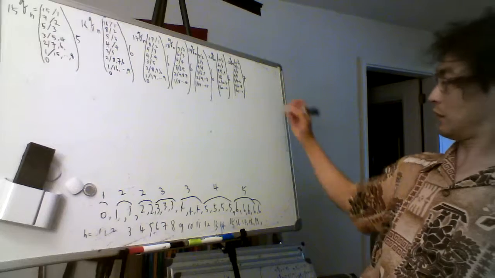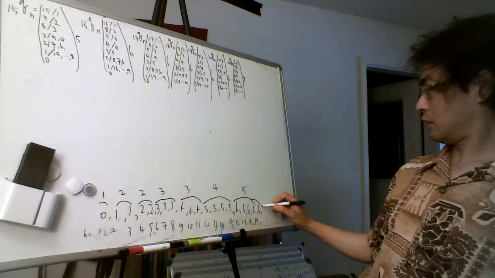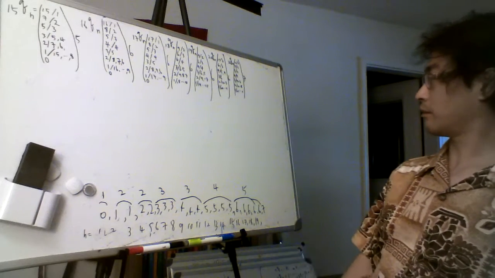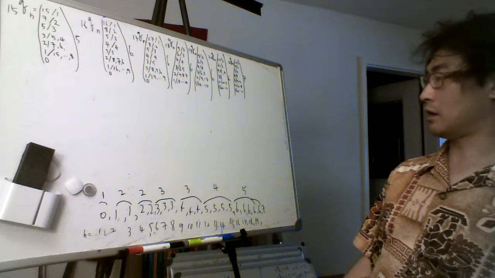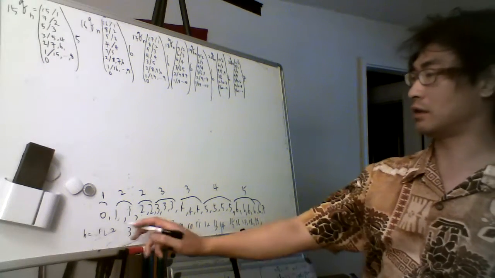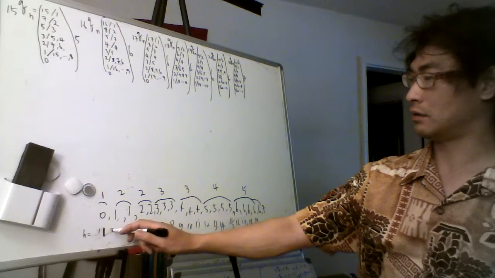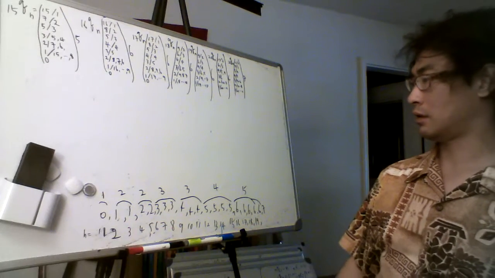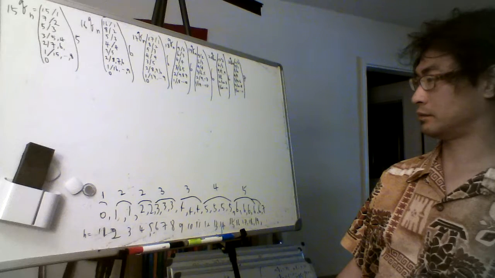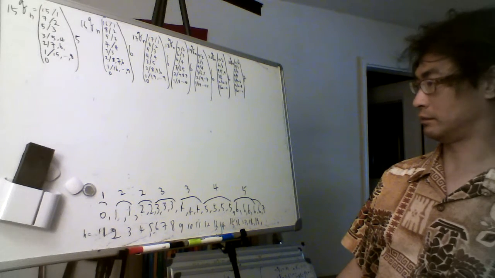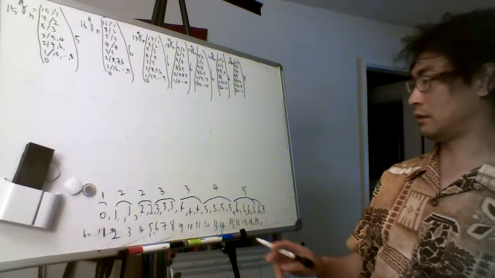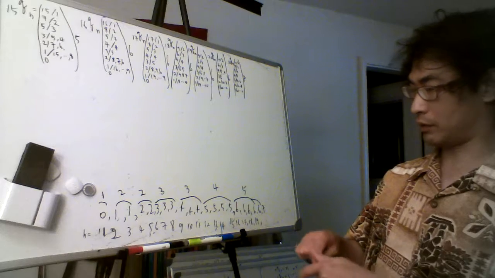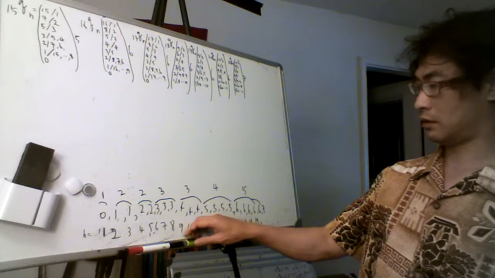Finally, we have 7. Okay, so now let's step back and let's see this transition. Let's mark all the prime numbers.